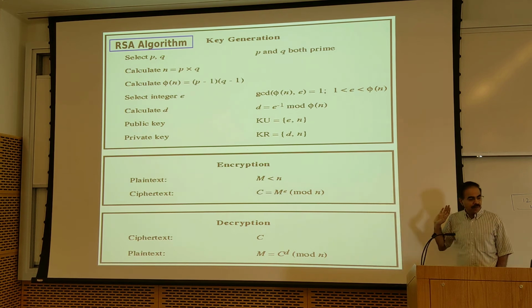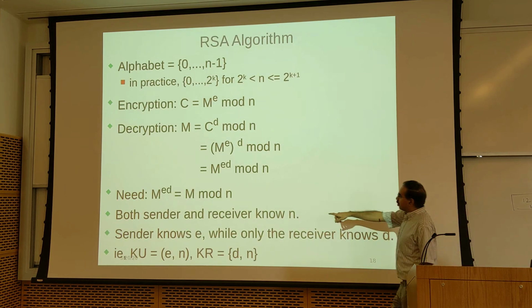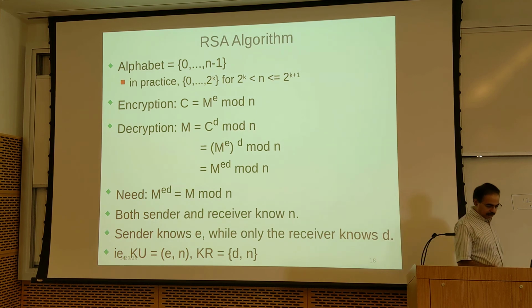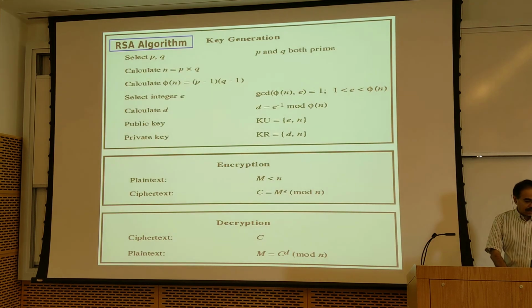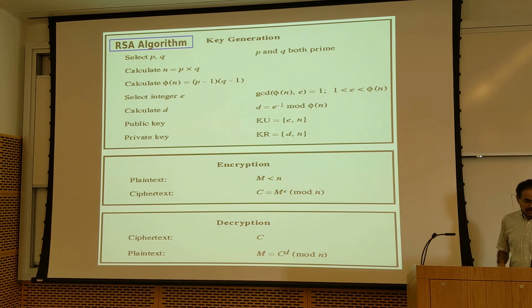I'm not going to tell you exactly why this property, m raised to the power ed equals m, holds in this case. If you're interested, you can easily look it up. It's not that complicated to figure out, but in the interest of time, I'm not going to go through that in much detail.